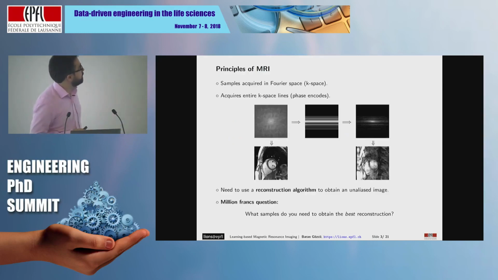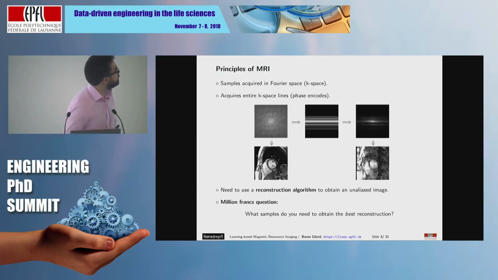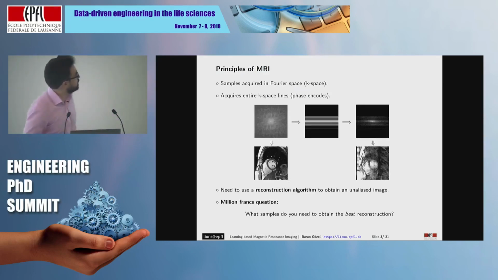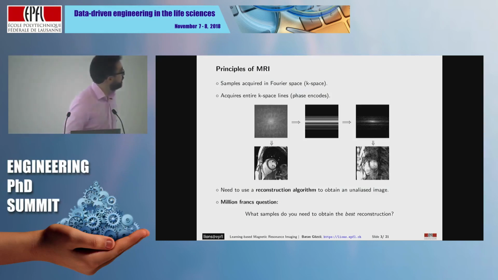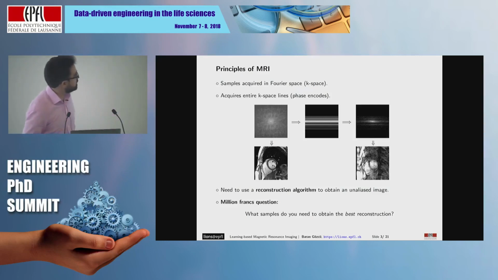Now let's make a quick overview of magnetic resonance imaging. As some of you already know, what an MRI machine sees is not an image itself, but a Fourier transform. It's the 2D Fourier transform of the image.